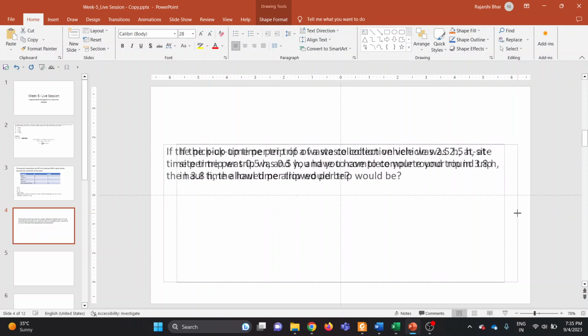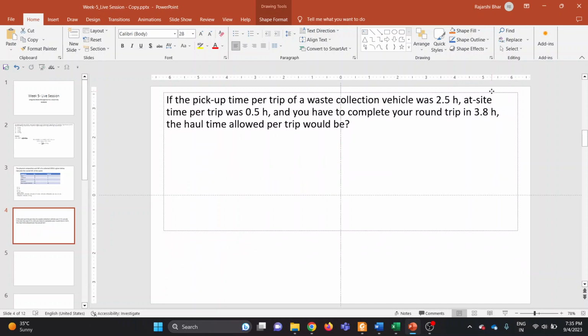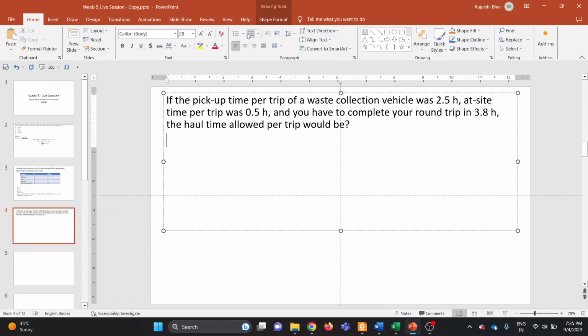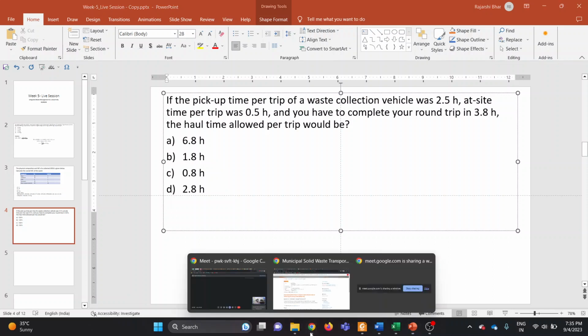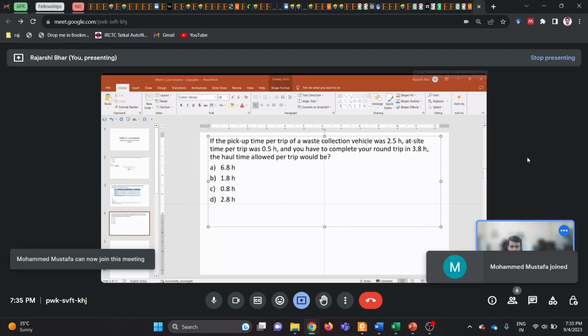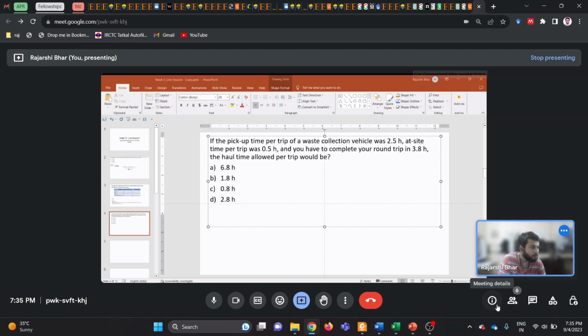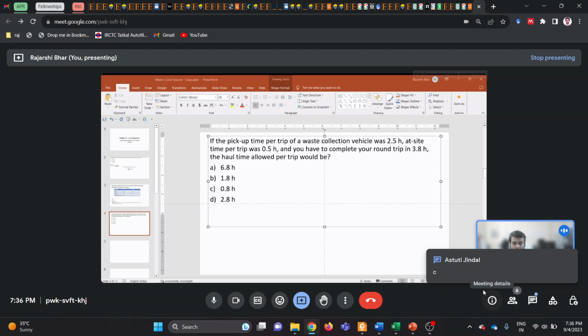So please attempt this question. I will share the formula also with you in about 3-4 minutes, and then I hope you can solve the question very easily. Option C, one of you has shared.